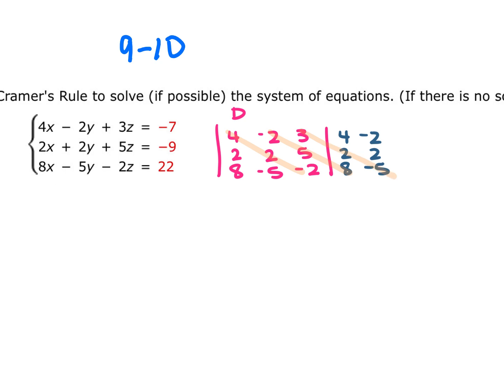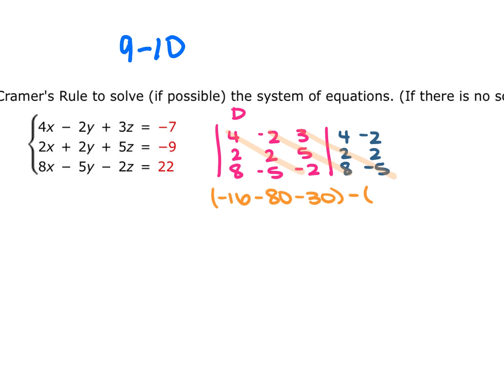So this is going to give you 4 times 2 is 8, times -2 is -16. 2 times 5 is -10, times 8 is -80. 3 times 2 is 6, times -5 is -30.